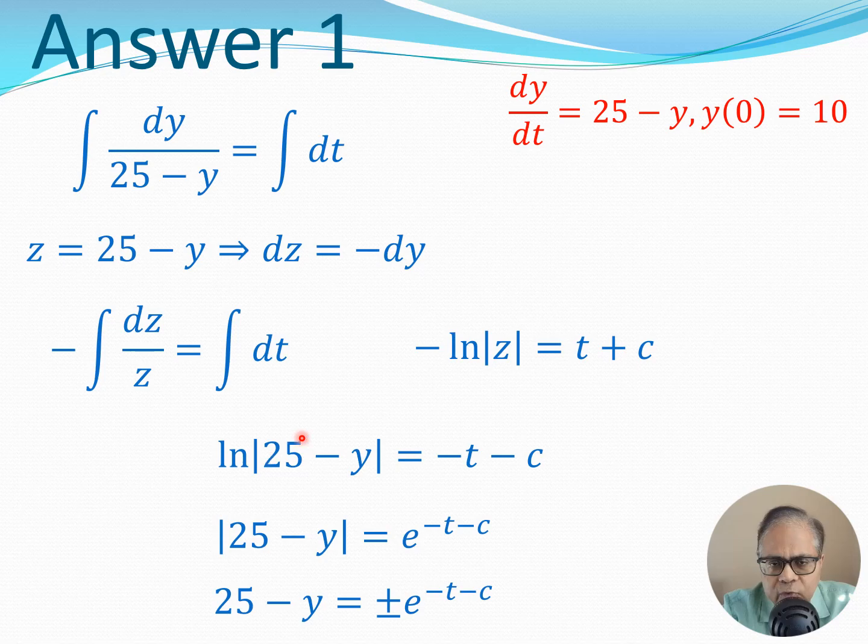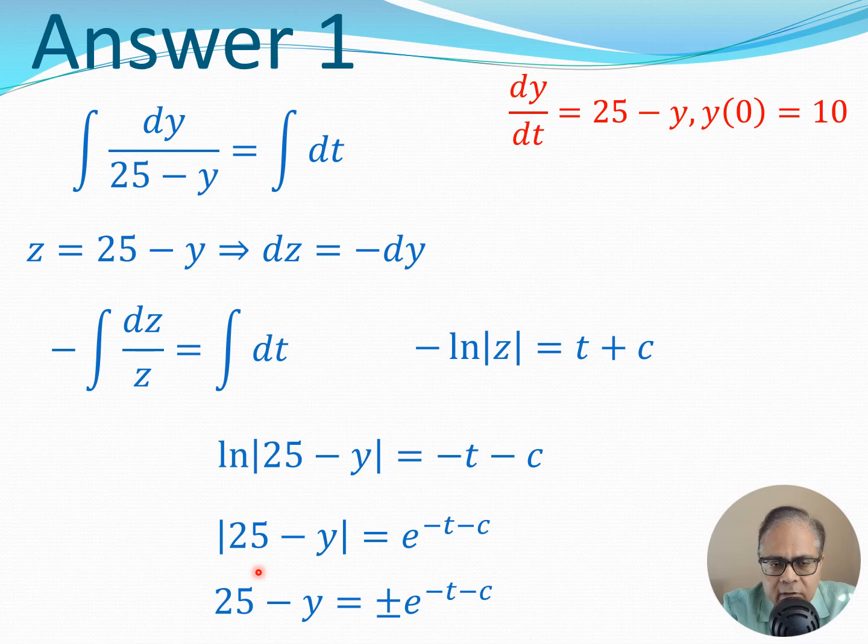Now the next thing we do is we make the substitution, that is z is 25 minus y. So we write this equation here where I have simply taken the negative sign to the right hand side, or I have multiplied this equation on both sides by -1. So I then get this equation here. Now I can immediately raise both sides of this equation to the power of e.